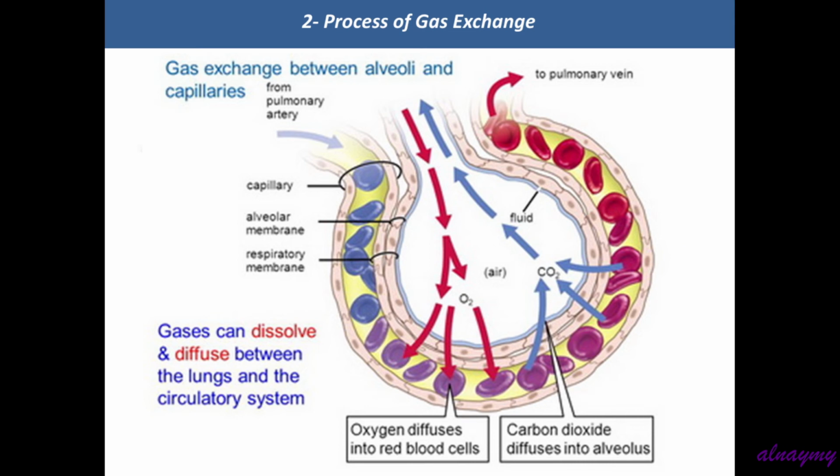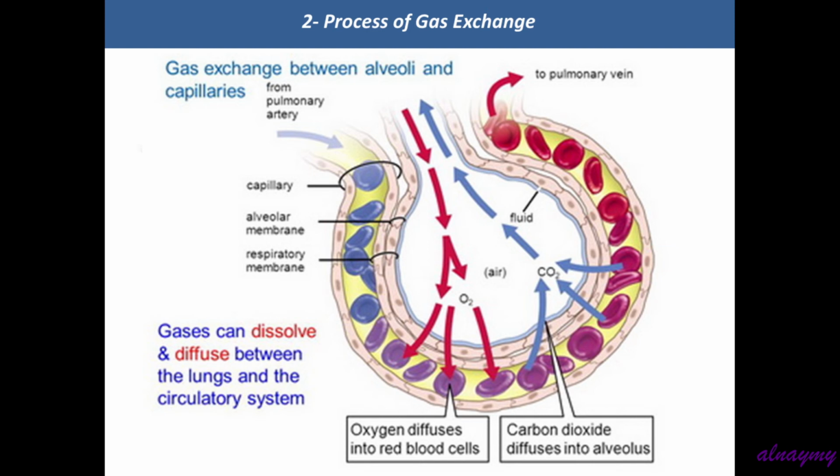I saw another question in your book. He's saying, how can you explain the diffusion of oxygen from the air sacs into the blood vessel from the particle theory point of view? You can say that the oxygen and other gases in the air are nothing but molecules or particles, and we know the nature of particles in physics.